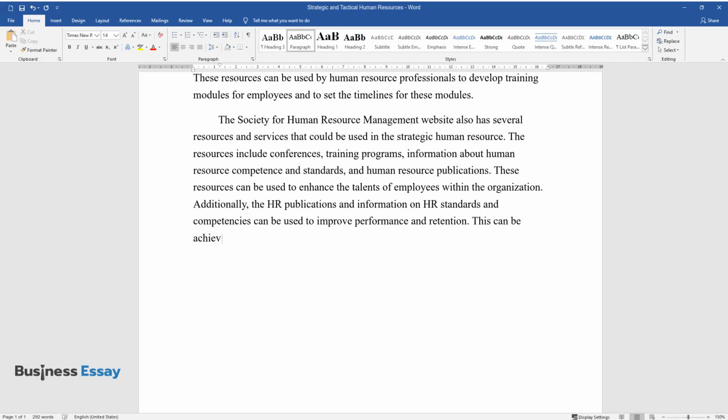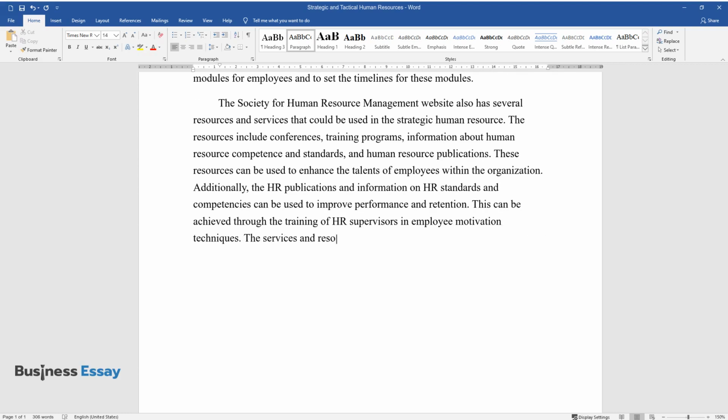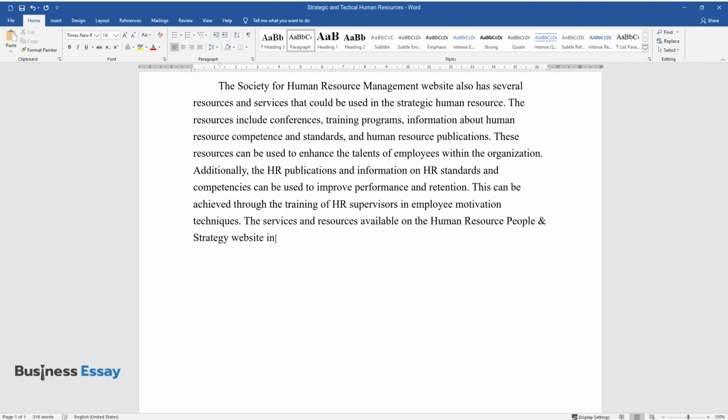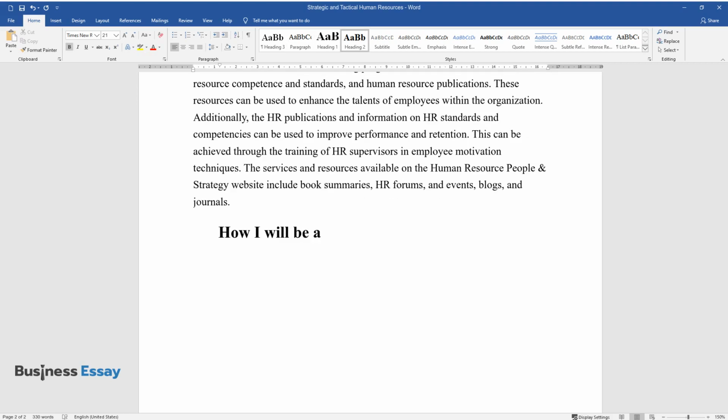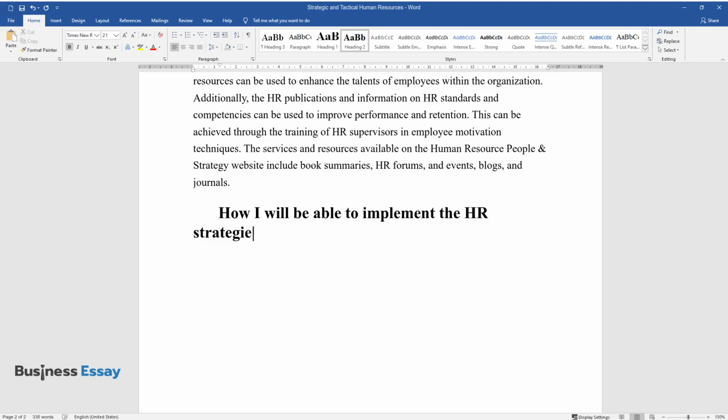This can be achieved through the training of HR supervisors in employee motivation techniques. The services and resources available on the Human Resource People and Strategy website include book summaries, HR forums, and events, blogs, and journals.